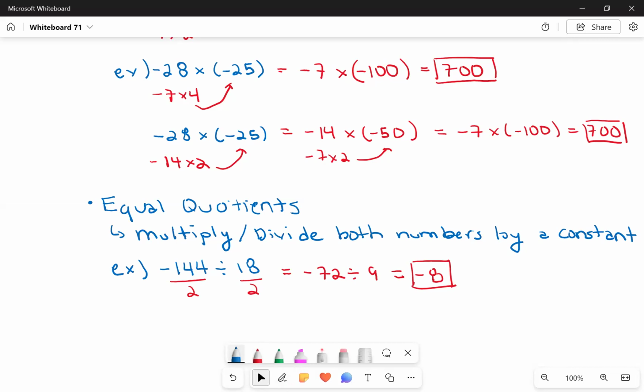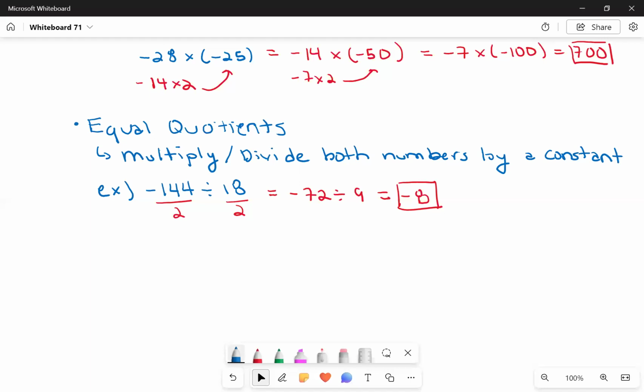Now I'm going to do that one I started to write earlier, and we'll actually tackle it this time. Negative 150 divided by negative 6. I think it was positive 6, but I'm going to make it negative because why not? Again, I noticed both of them are divisible by 2, so I'll start there.